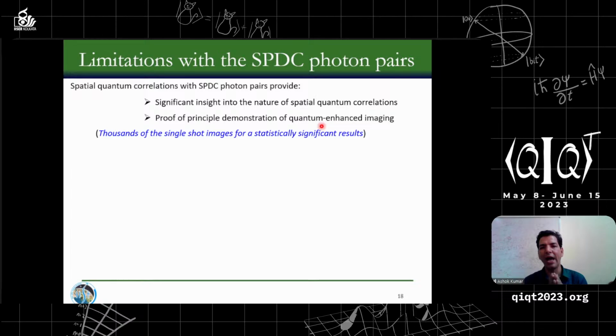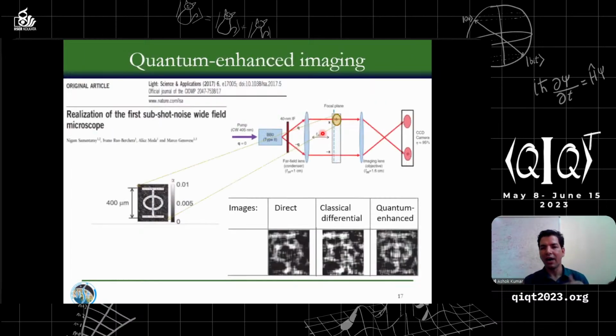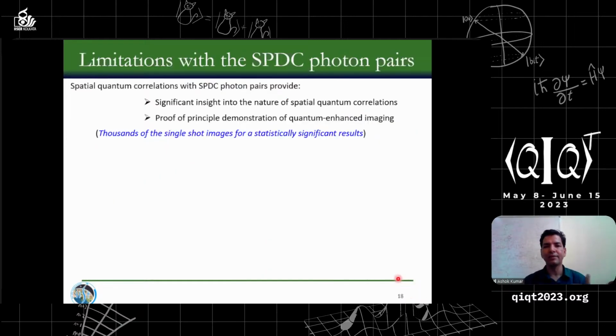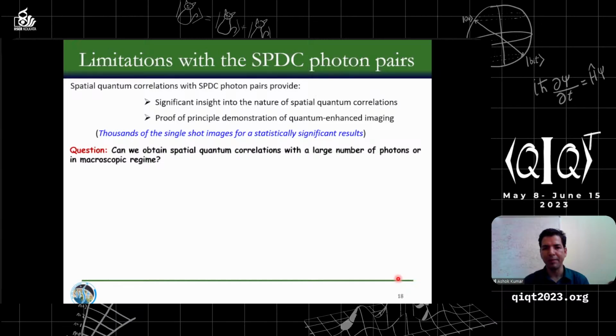So you have to take thousands, hundreds of thousands, maybe millions of images, millions of shots with your CCD camera to get this kind of pattern. That is one of the limitations of those experiments.